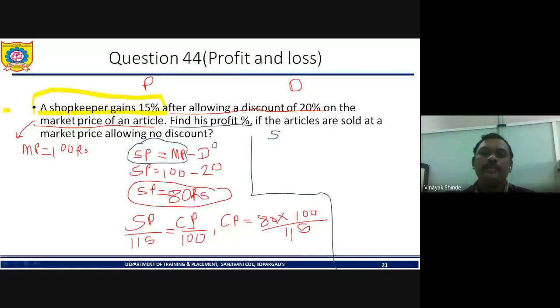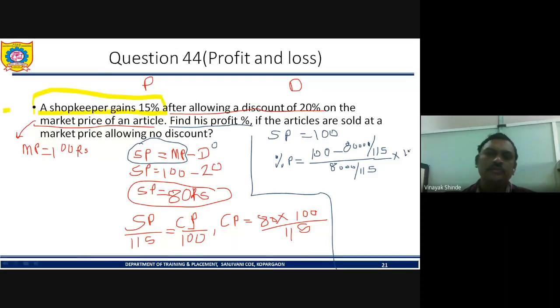Now calculate the percentage profit. It is 100 minus cost price. Cost price that you will calculate, 80 into 100 divided by 115. All are multiples of 5. Your answer would have come, divided by 115 into 100.